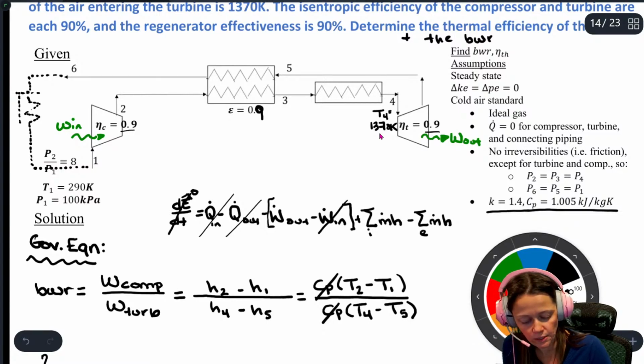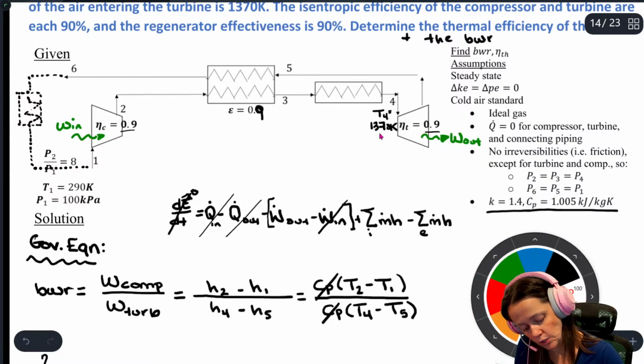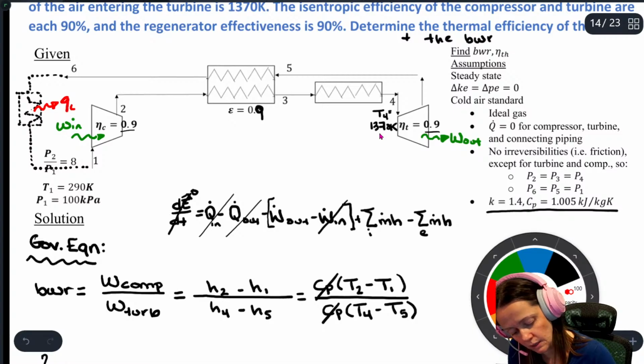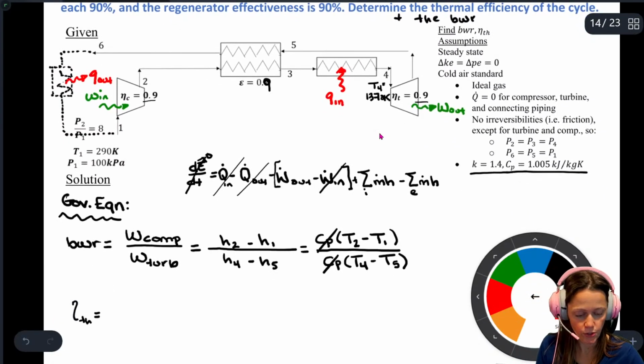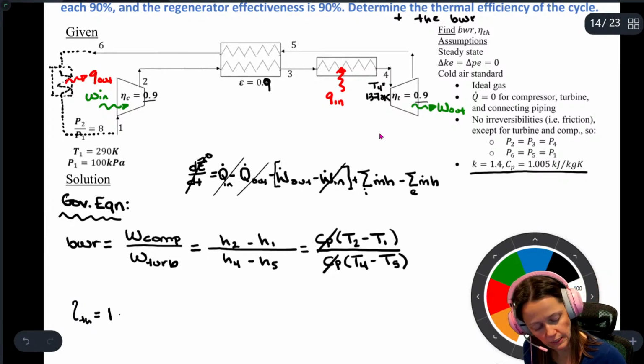We're just going to model that exhaust process as a heat rejection process. So I've got a heat rejection process here. This is a Q out. This is our combustion process. This is our Q in. So I'm going to put it in terms of 1 minus Q out over Q in.